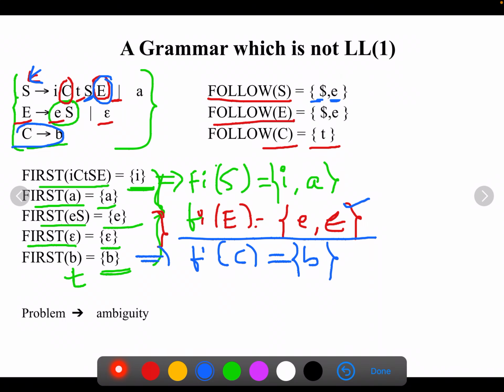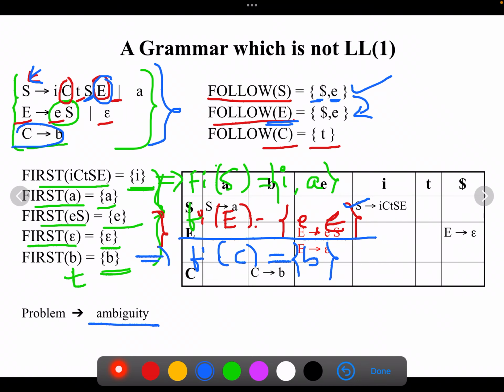S is a starting symbol, so dollar to be included. Okay, so this is over. Now for follow of E, we needed follow of S, therefore the same value to be substituted here. So that is how we computed already, and we already know that this problem is a dangling else problem, a partially dangling else, so it is ambiguous grammar.